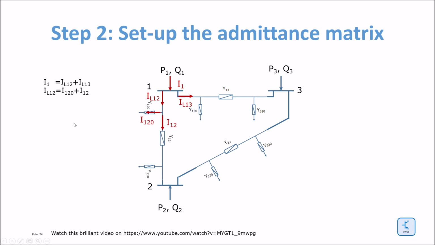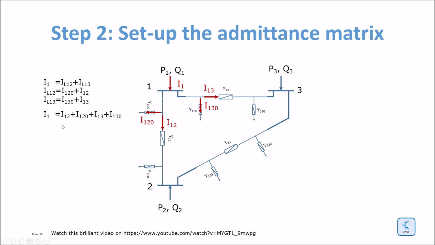I can substitute the current IL12, this is this current, by the sum of the current I120 plus I12. I can also substitute the current IL13 by the sum of the current I130 plus I13. So these two currents.